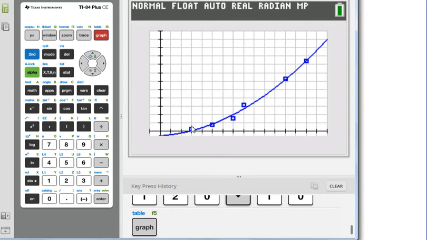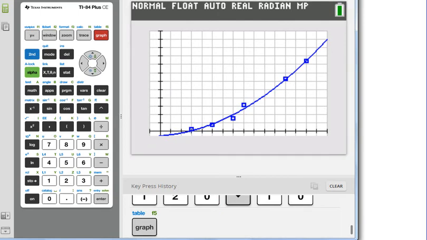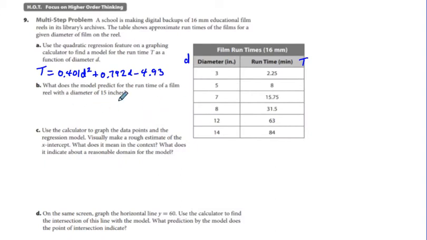We can see that the data points fit fairly closely here. So let's see what question we're asked again. It says, what's the model predict for a runtime with a film reel with a diameter of 15 inches? We can do that a number of ways.